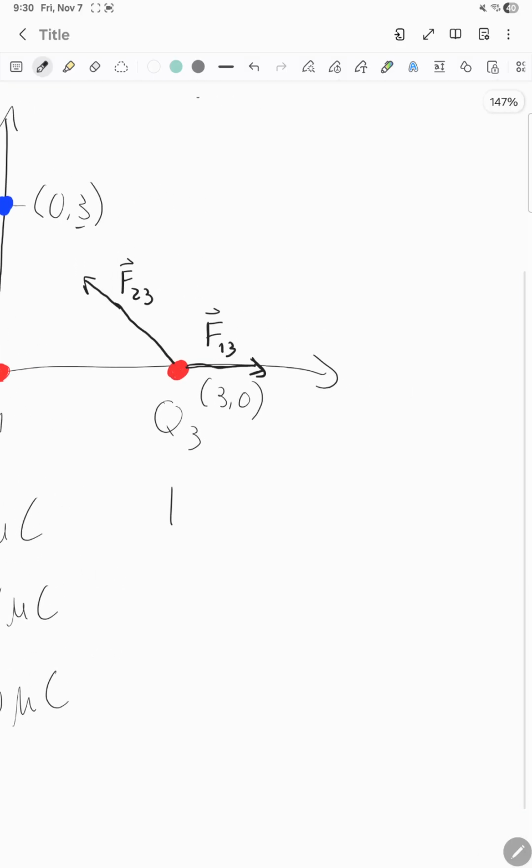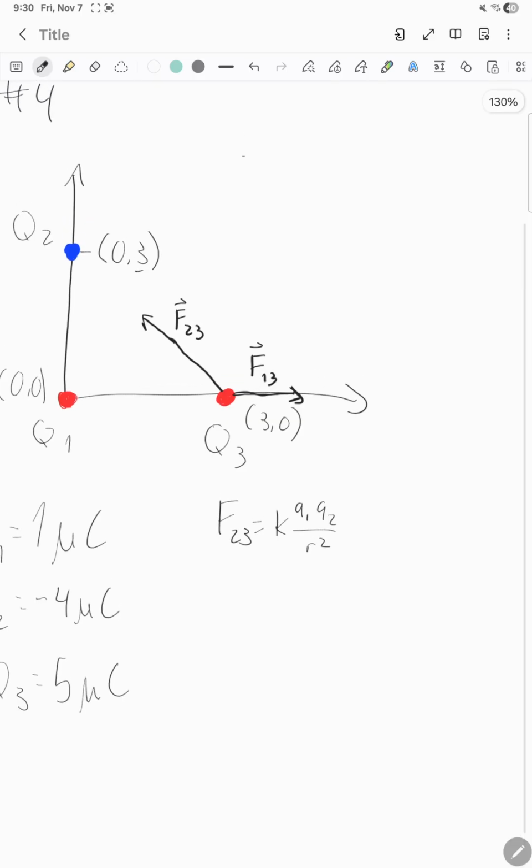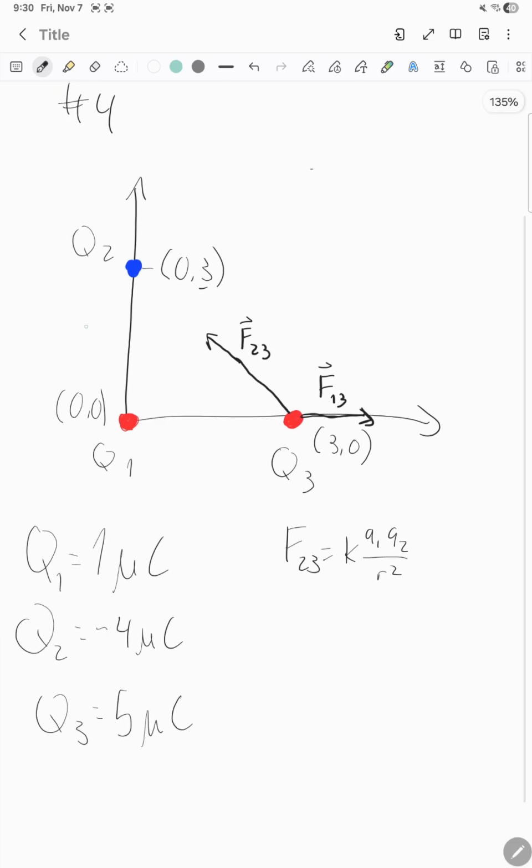F23, for example, is k Q2 Q3 divided by r squared. Now, for F23, what is the distance between them? Here we have 3 centimeters. It's very important to pay attention because this is not 3 meters, but 3 centimeters. This is actually 0.03 meters.